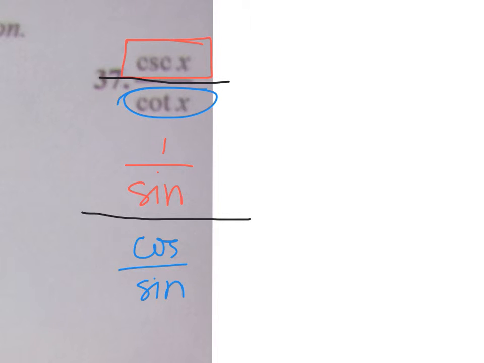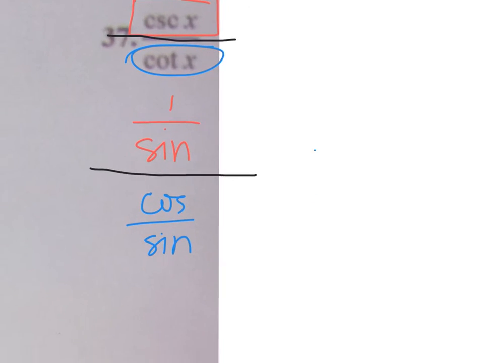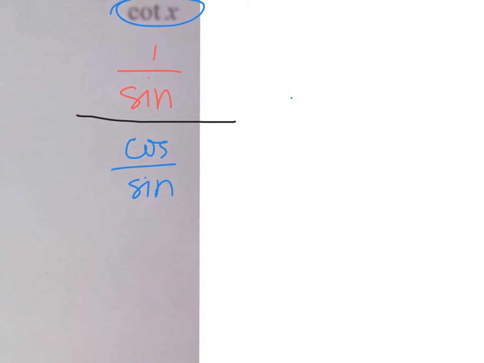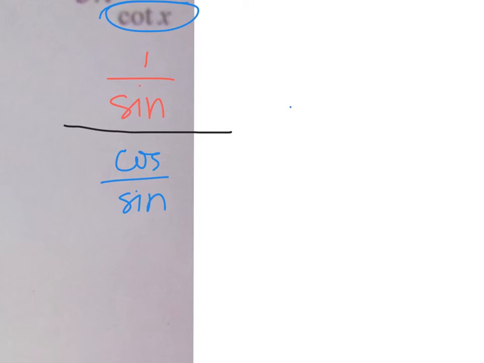So rather than having cosecant over cotangent, I now have 1 over the sine divided by the cosine over the sine. So in essence, I have a fraction divided by a fraction. Since nobody likes fractions, we're going to try to get rid of them, especially division of a fraction.